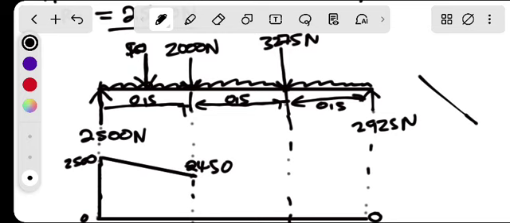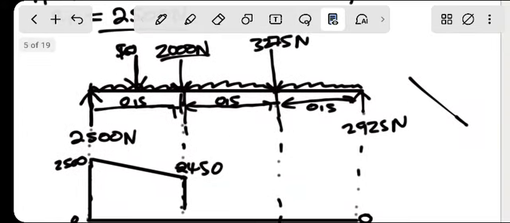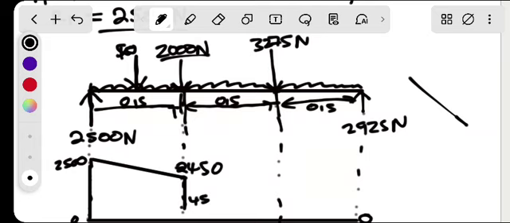Here, straight here, as you can see, we have 2,000. 2,450 minus that, we'll have 450, maybe somewhere here, maybe somewhere there. All right, we'll have 450.